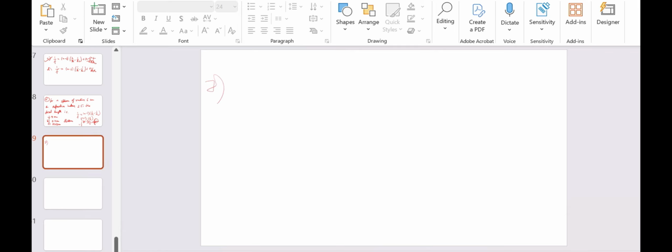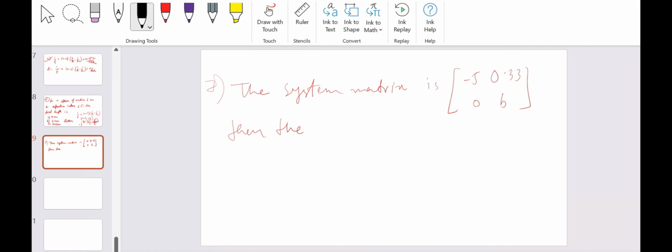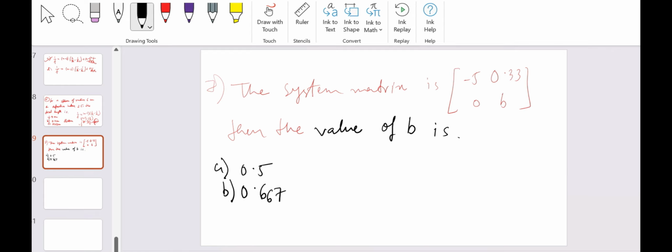Question 7. The system matrix is minus 5, 0.33, 0, b. Then the value of b is: A 0.5, B 0.667, C is 0.2, minus 0.2, D is 3.